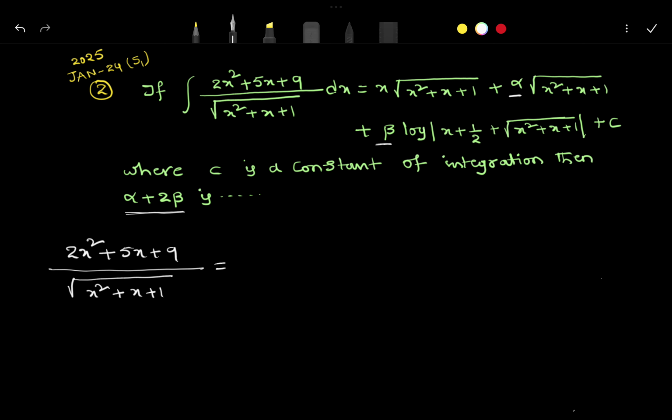See here the right hand side derivative. This is x into root of x square plus x plus 1. Now you apply the product rule.